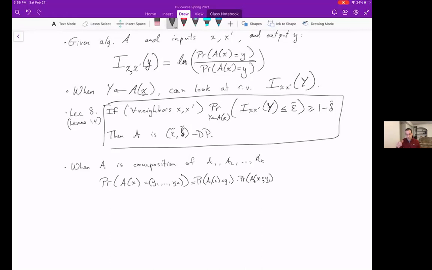That specifies the exact behavior of A2, and then it's run on data set X. So we'd get times that.